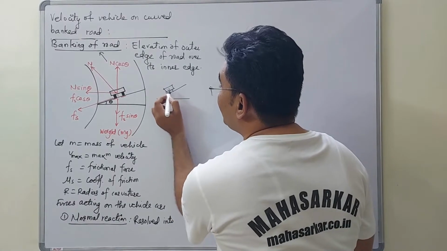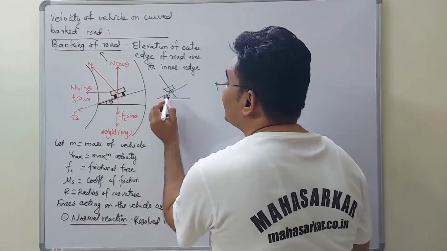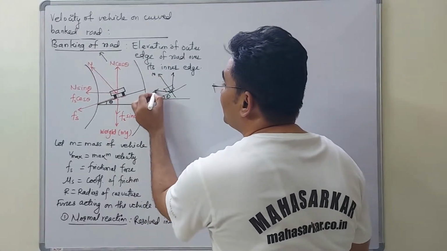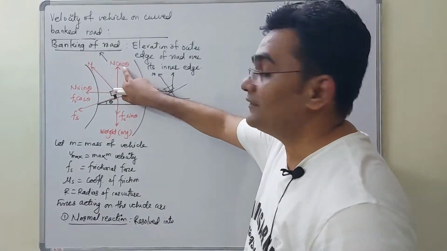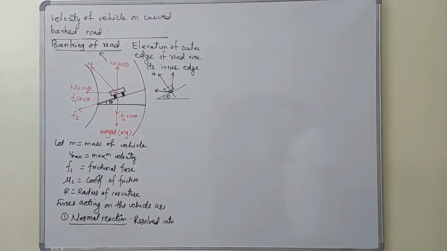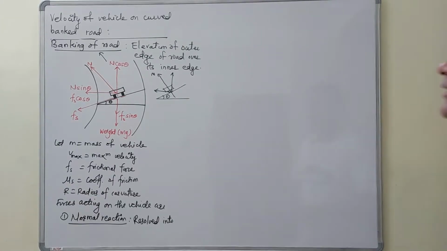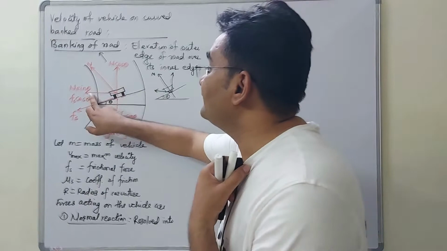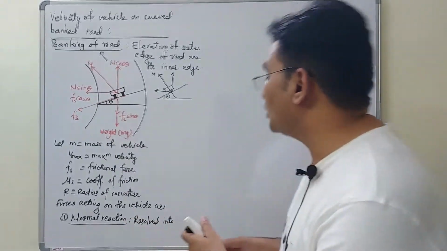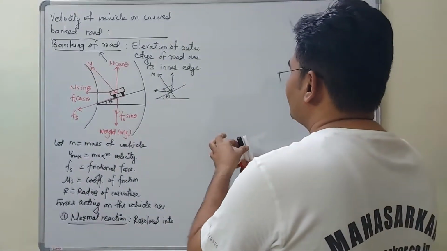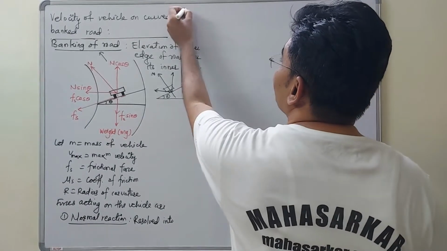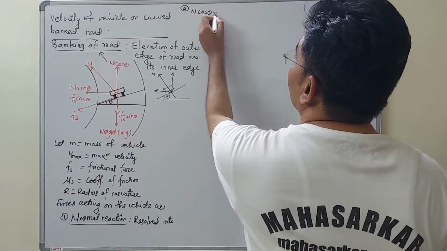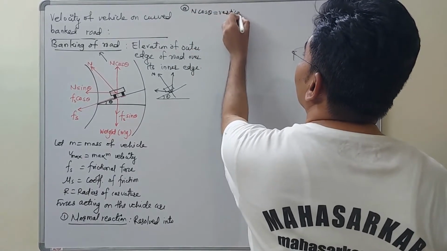Because of that, this will be the direction of normal reaction N, so it is automatically going to resolve into two components. Like I have already shown, the first component is N cos theta and the second component is N sin theta. So normal reaction is resolved into two parts. The first component is N cos theta, which is the vertical component.